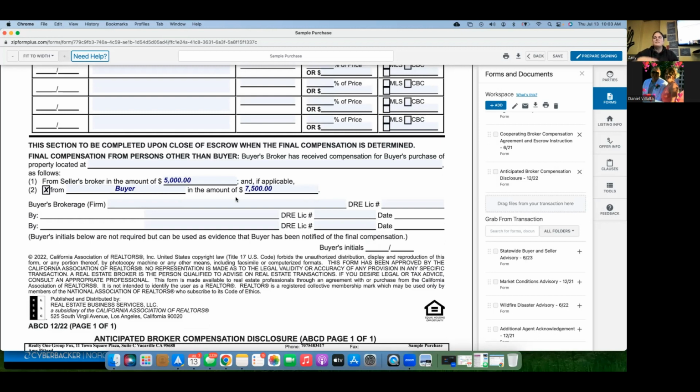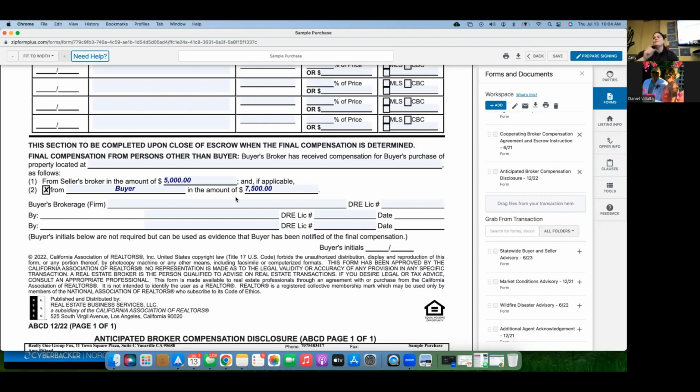Now, keep in mind, if we fill out the BRBC and we put 2.5% or 3% or 7% on there, whatever you put, if you end up getting less in the MLS and you want to adjust it so the buyer doesn't have to pay, or maybe like this, the buyer would be responsible for 1.5% to make it to 2.5%, which is what we put on the BRBC, and you want to adjust that down to 2%, you'd use the modification of terms form, the MOT, like what you'd use for a listing agreement to adjust the commission due to you on the BRBC form.